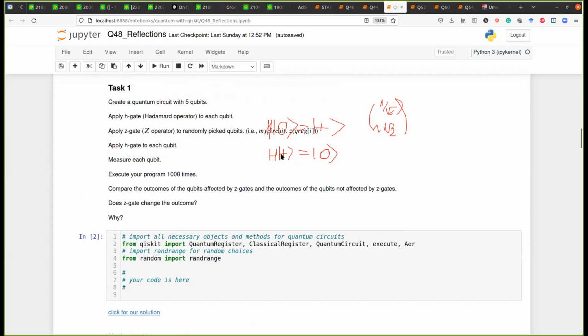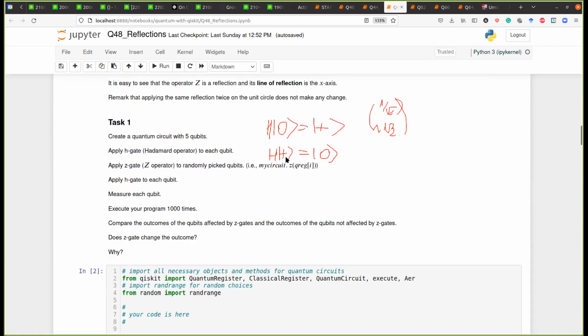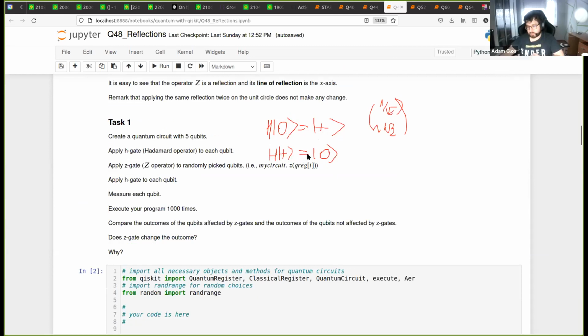Yeah, but this property doesn't define that this is a reflection, right? Because the rotation by just pi also has this property. So there are some gates which are both rotations and reflections. I'm trying to figure out an example. I'm not sure if I was right about this.